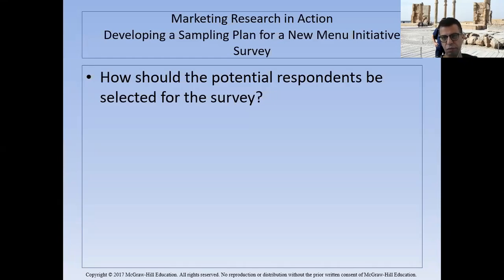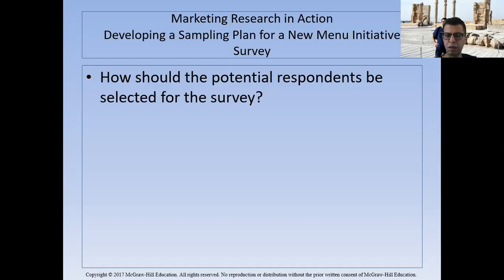The questionnaire is ready, but I'm not sure whether the answers I'm getting will help me develop my own judgment on these questions. So the next stage is, how should the potential respondents be selected for the survey?